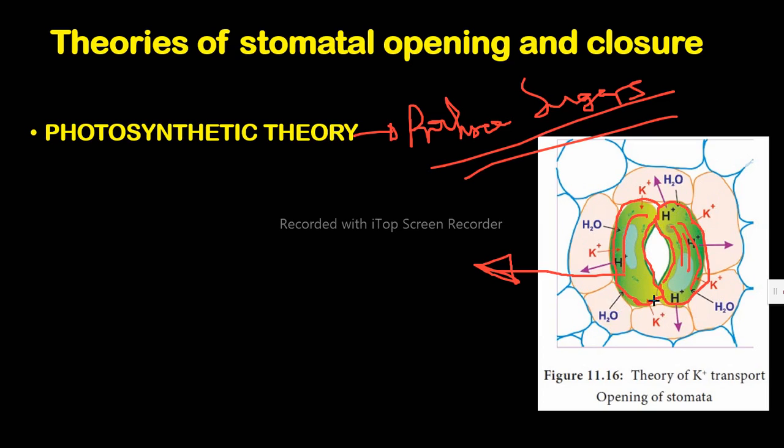Now when they accumulate within these guard cells, they will lower the water potential and increase the solute potential of these guard cells, and so they will have a high osmotic pressure compared to the neighboring epidermal cells. And so as a result, water will move in by osmosis into these guard cells from the adjacent epidermal cells.